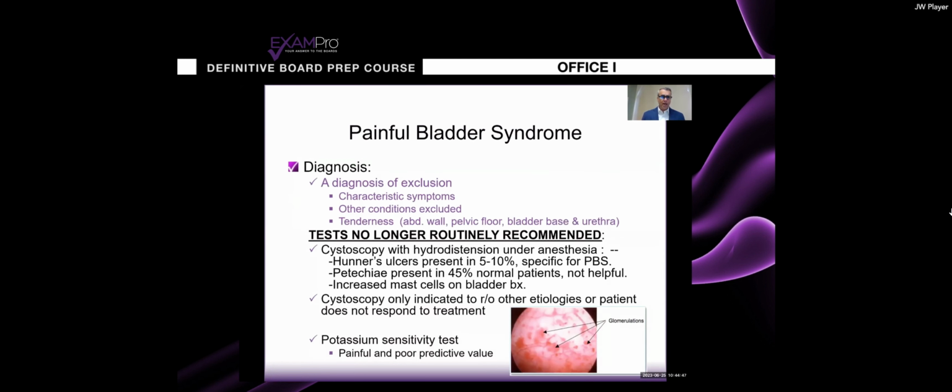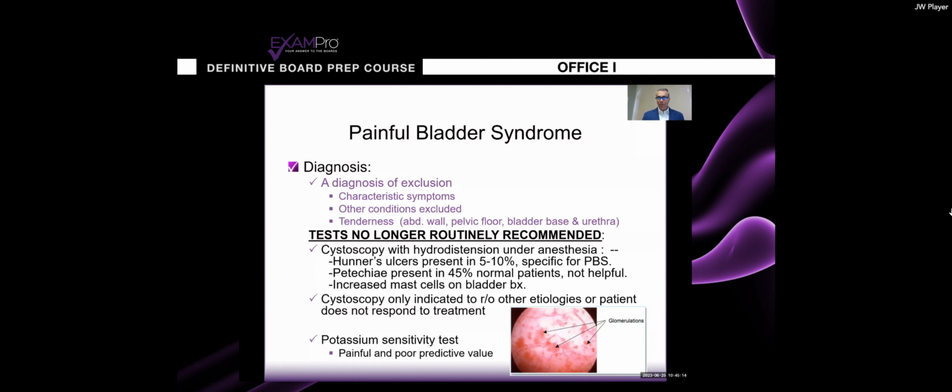Let's talk for a second about the diagnosis. It is a diagnosis of exclusion, okay? So really, we want to have the characteristic presentation. We've excluded other conditions to the best of our ability. We don't need to do a bunch of other testing. So for instance, cystoscopy with hydrodistension is not required. We don't generally do potassium sensitivity testing.